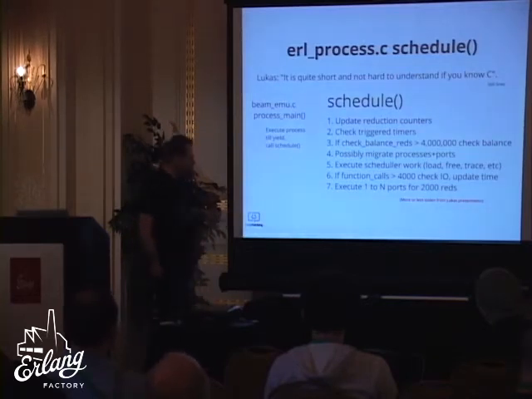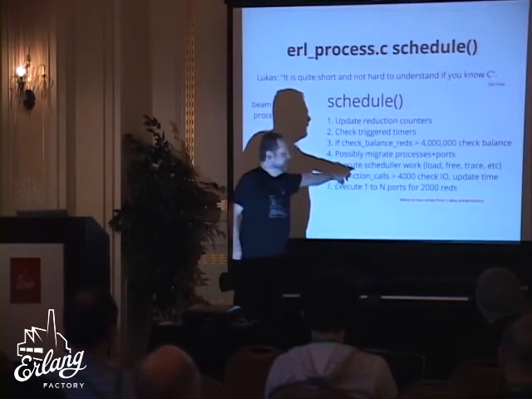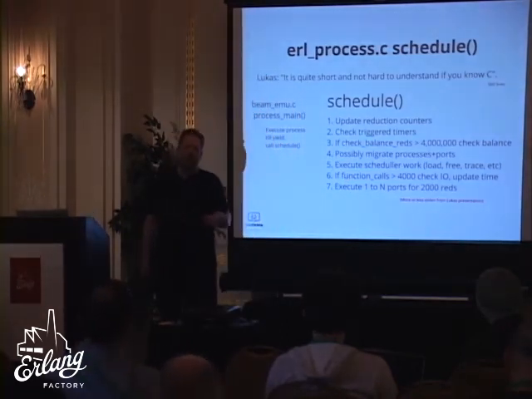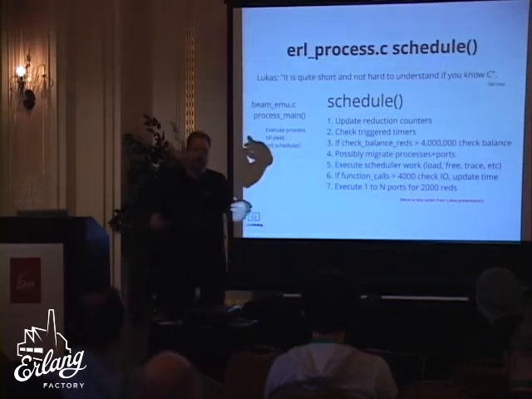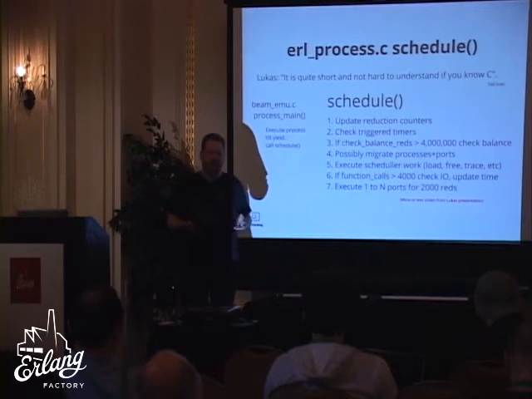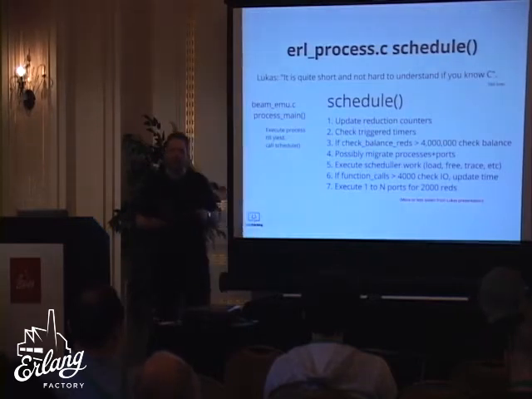And then there's a global variable. This function calls variable is global to all schedulers. When this one goes above 4,000 reductions, then it will check for IO and update the time. So it will try to not update the time unless it needs to.